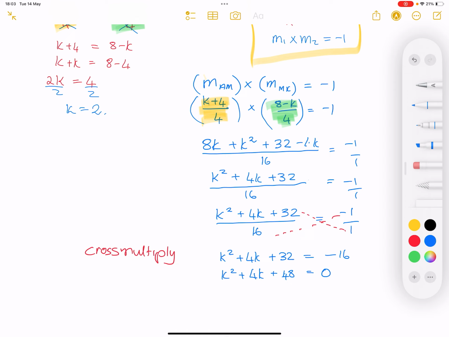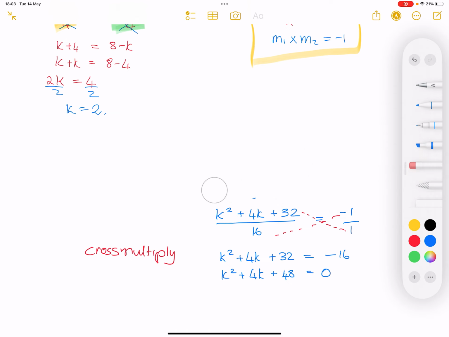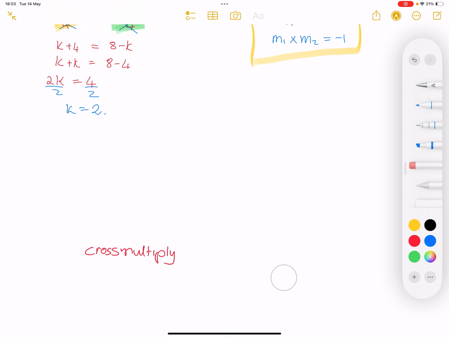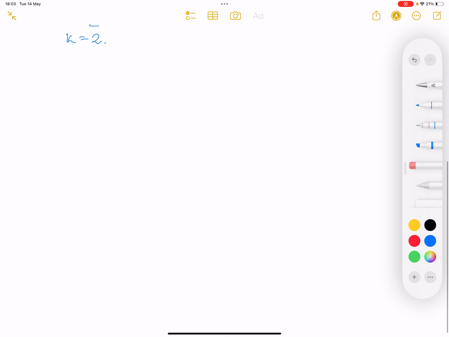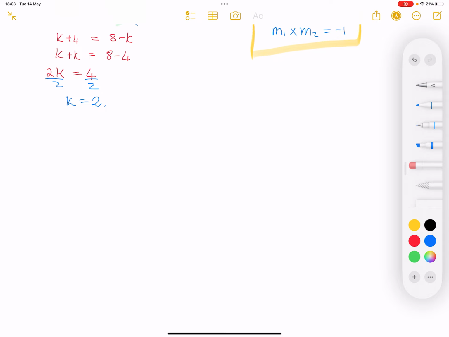Sorry for this one, but you can still get it. Don't be cross with me, okay? I read the question wrong. You see, reading is very important. Prove or calculate K.